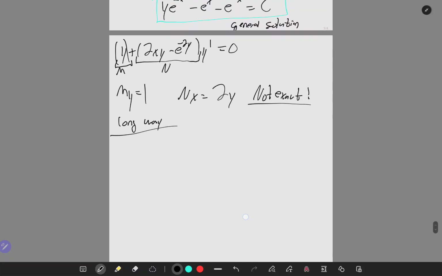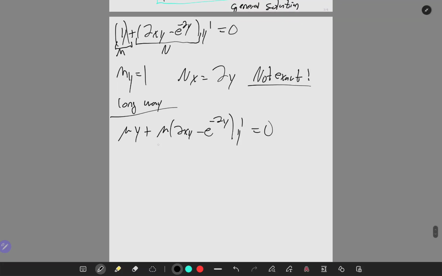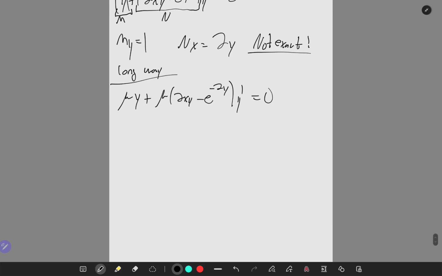We know that My has to equal Nx. Well, first of all, let's write this out. We have to multiply mu by everything. Right? So now that's a mu. That looks awful. So now, My has to equal Nx.